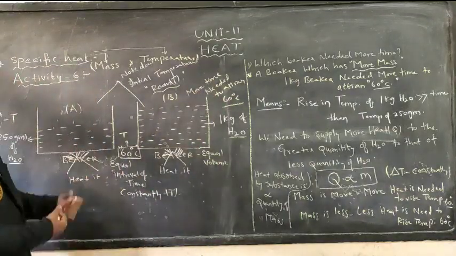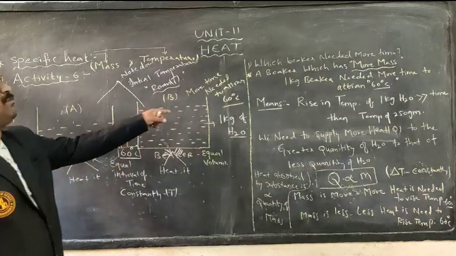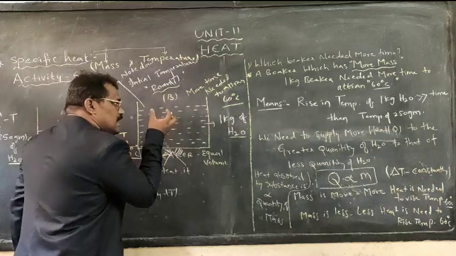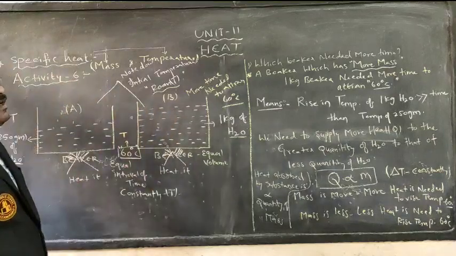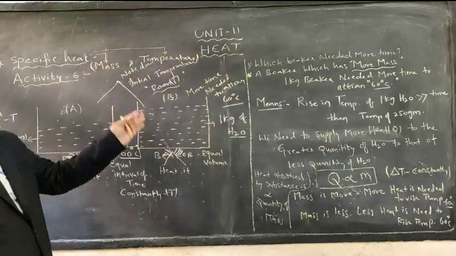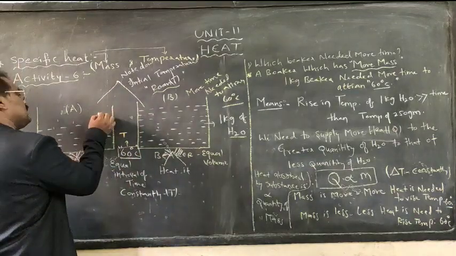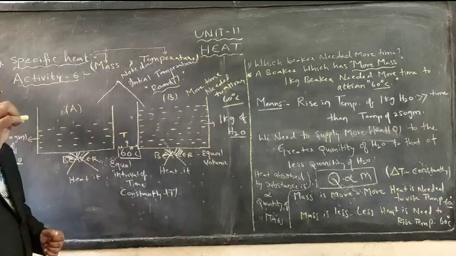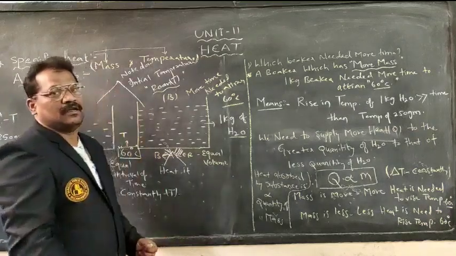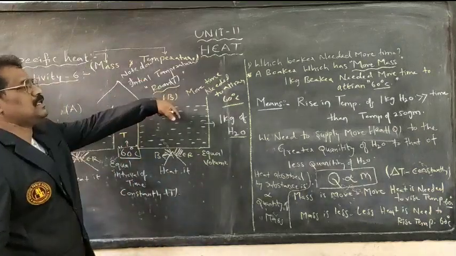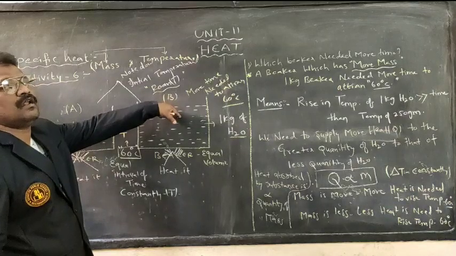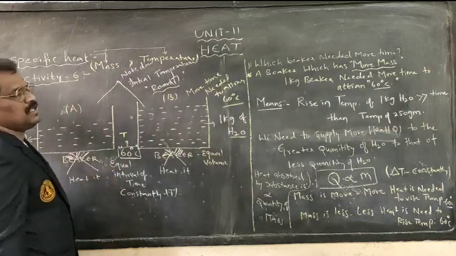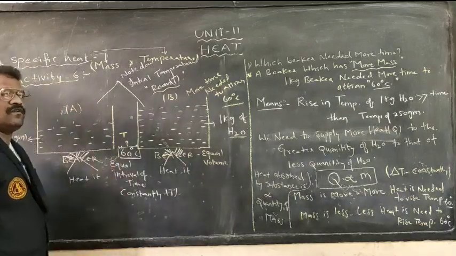By this we can understand that raising the temperature of 1 kg of water will take more time than raising the temperature of 250 grams of water. That is the point: raising the temperature of 1 kg of water needs a longer time interval than raising the temperature of 250 grams of water.